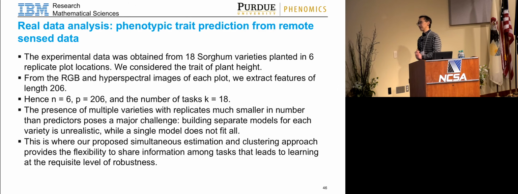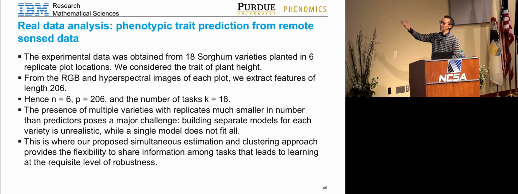And the reason why this is good is because we had 18 varieties, but we only had 6 data points per each. So if you build a separate model for each variety, and there are in the order of 200 features, you're kind of doomed to not have a decent model.